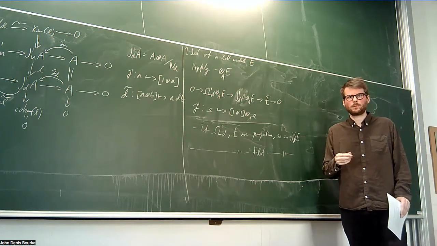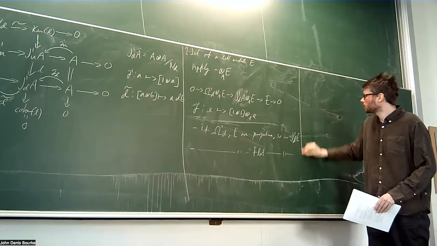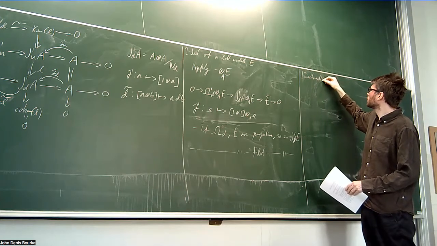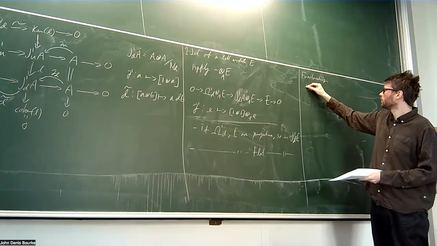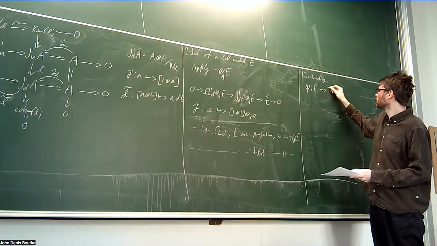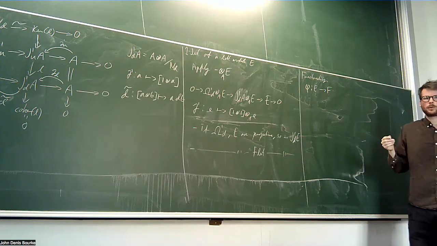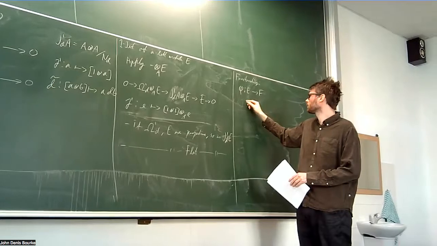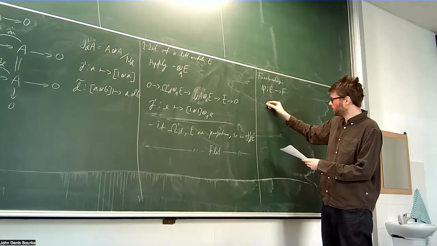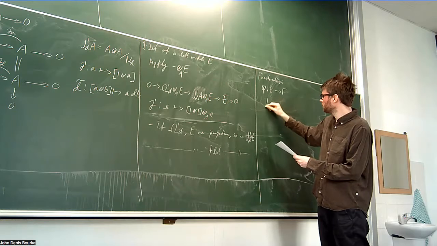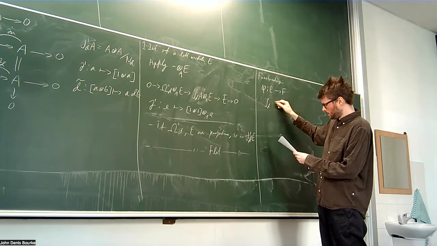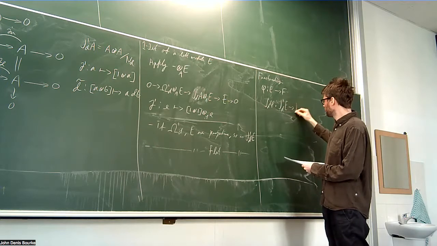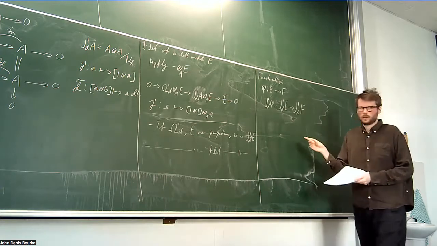But we will consider it as a functor. So let's say we have a module map between two left modules. Then we can simply take the map between their jet modules.